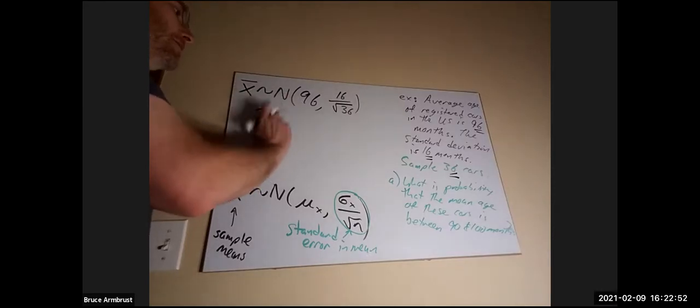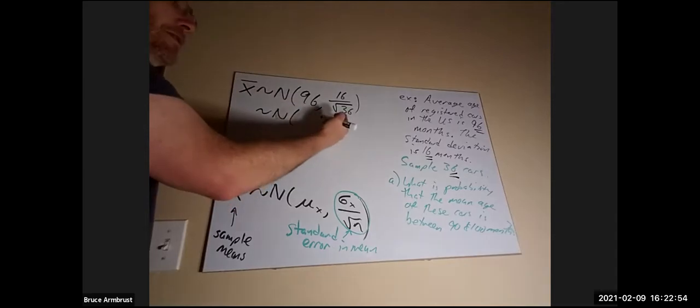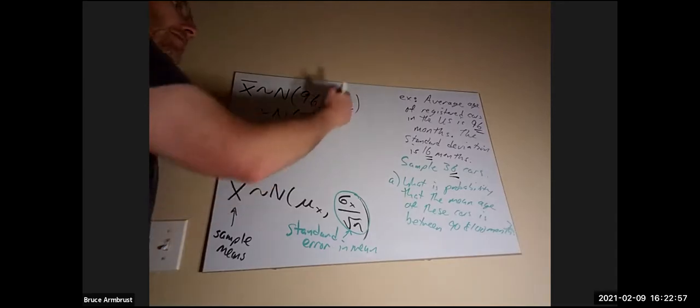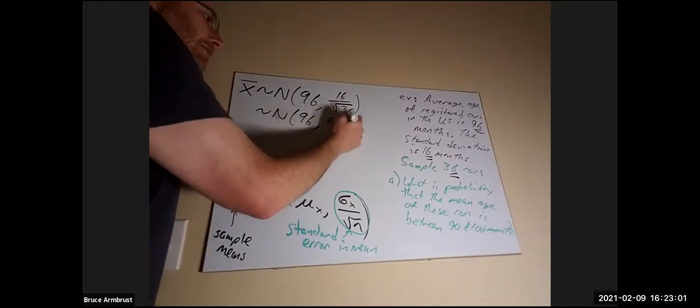We can take the square root of 36, that's 6. 16 over 6 reduces down to 8/3. So we'll just leave it like that. This is the normal distribution that we're using.